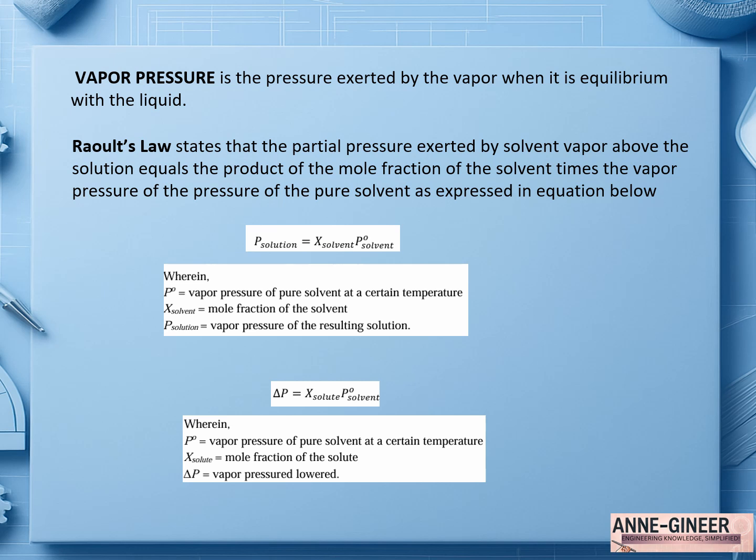The next topic is vapor pressure. It is the pressure exerted by the vapor when it is in equilibrium with the liquid. Raoult's law states that the partial pressure exerted by solvent vapor above the solution equals the product of the mole fraction of the solvent times the vapor pressure of the pure solvent, as expressed in the equation below.